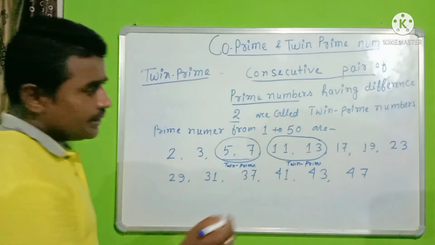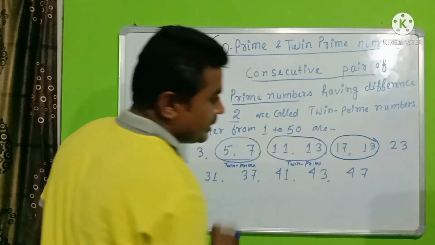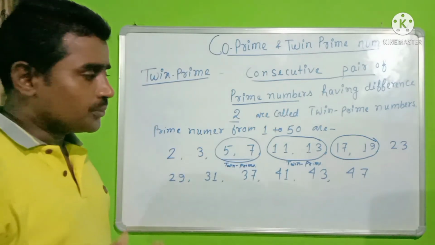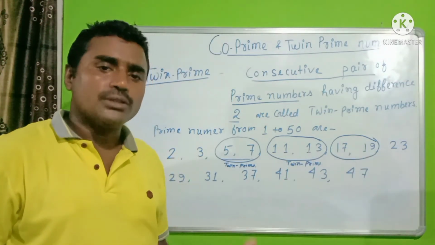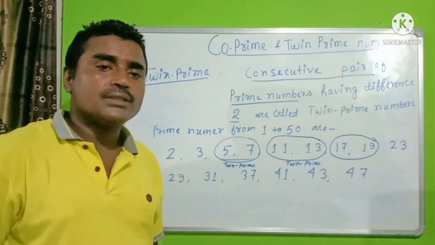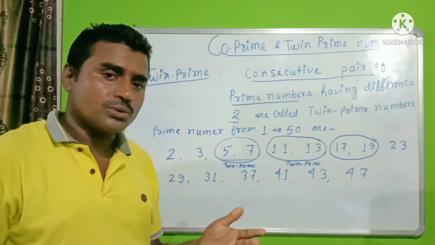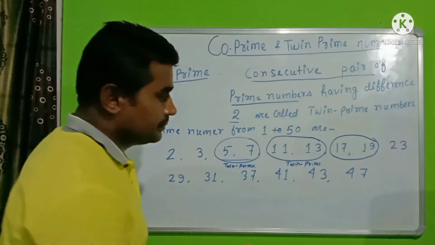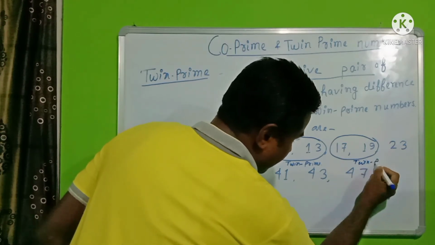Then check another pair. It is 17 and 19, also twin prime. Why? Observe, 17 and 19 are consecutive prime numbers. Their difference is 2. That means 17 and 19 is also a twin prime.